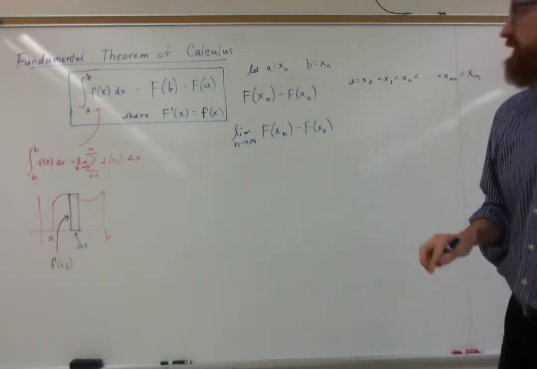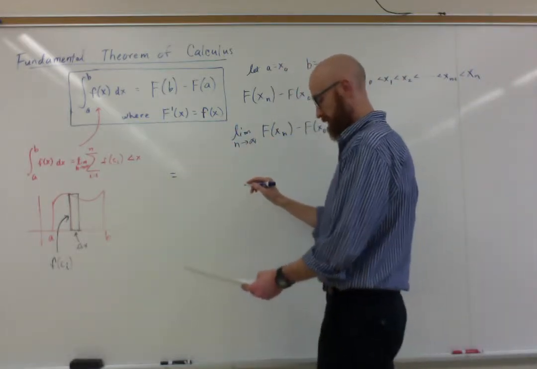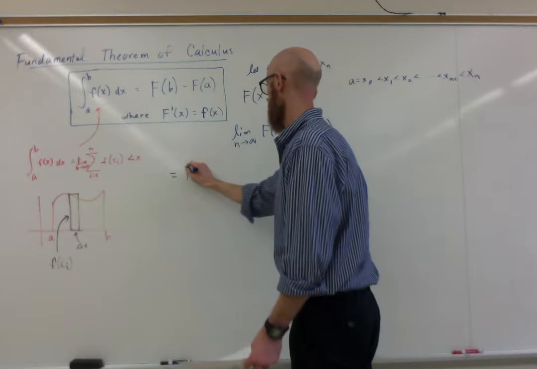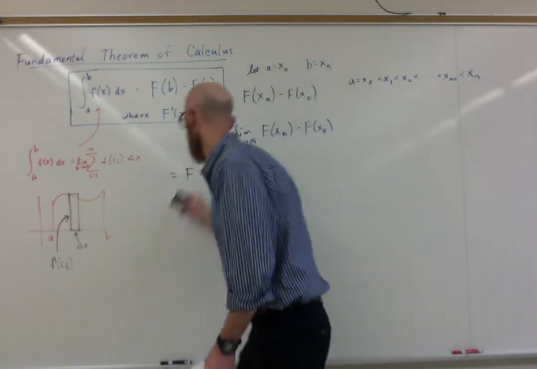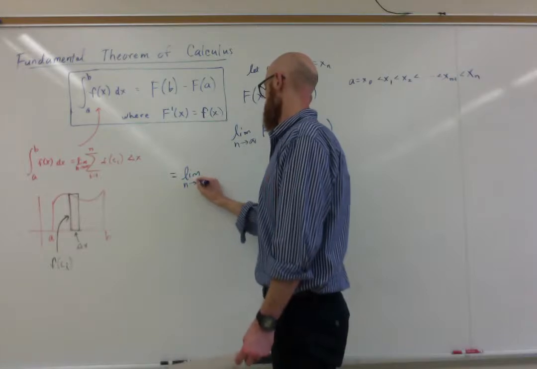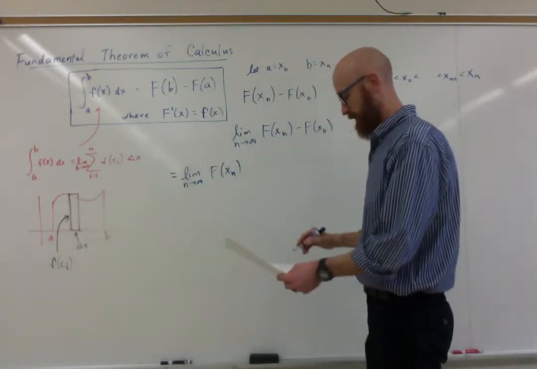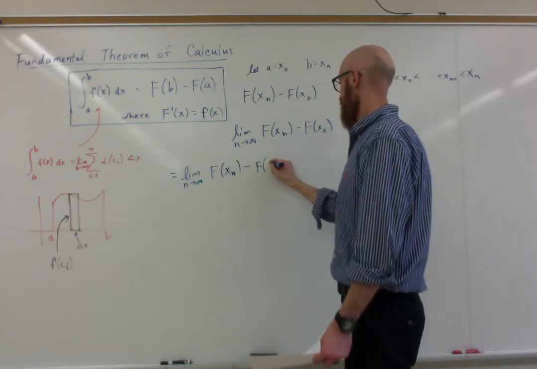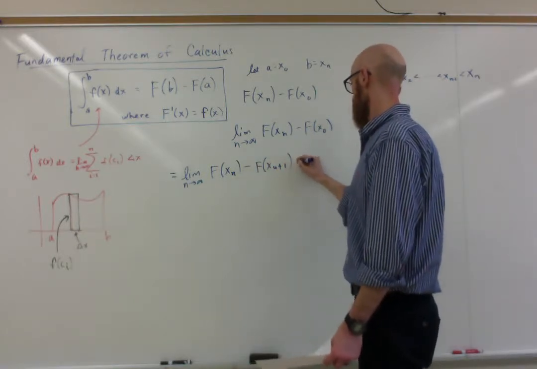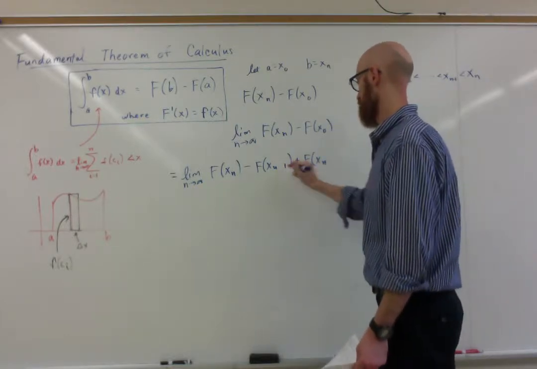All right, now we can take this sum and make it equal to the limit, I forgot my limit, of big F of x sub n. And then we're going to subtract and add a lot of things that amount to 0.